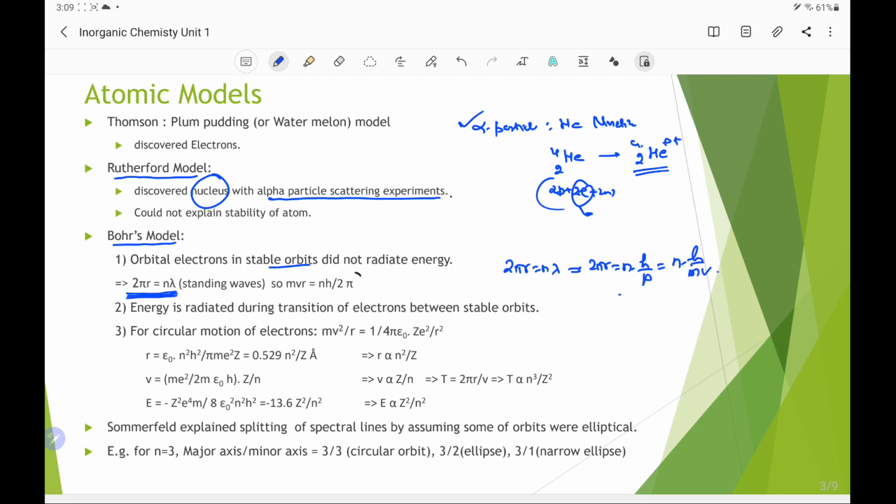So it can be written as mvr equal to nh by 2 pi. This is a very important equation. That means the angular momentum of the electron is equal to an integral multiple of h by 2 pi. Such orbits are the stable orbits, and the electron does not radiate energy in these orbits. Energy is absorbed or radiated only when the electron transitions from one orbit to another orbit.